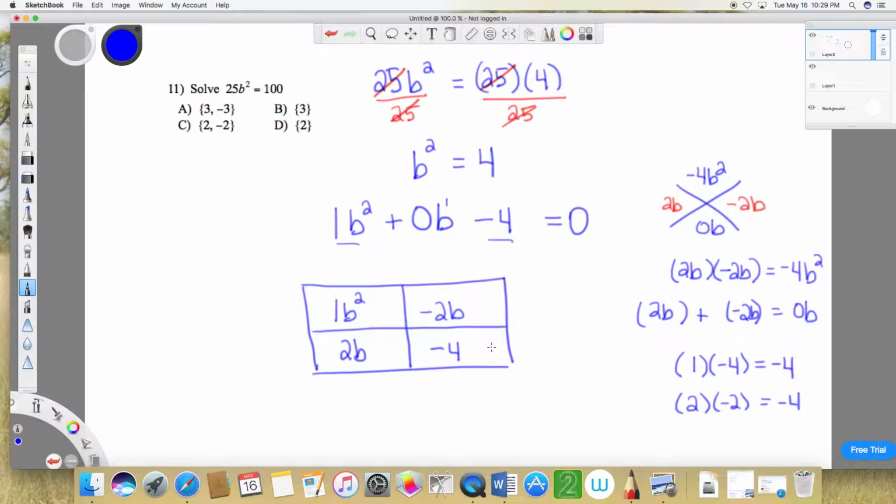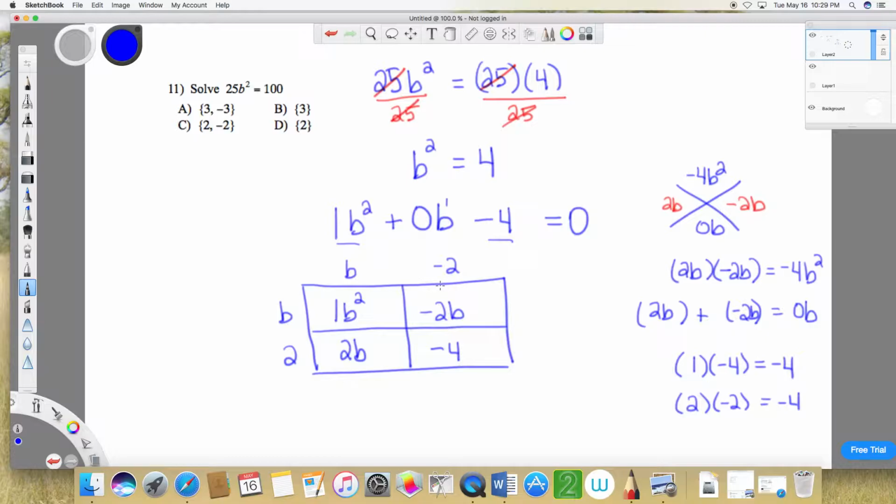If I look horizontally here, these have a common factor of 2. If I look vertically here, these have a common factor of negative 2. And across here, these have a common factor of the variable b. And vertically here, same thing, a factor of b. I can check this real quick: b times b is b squared, negative 2 times b is negative 2b, 2 times b is positive 2b, and 2 times 2 is 4.